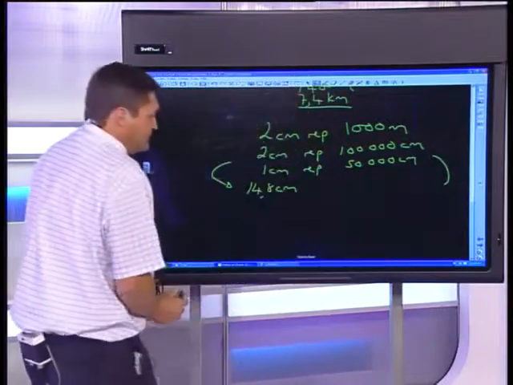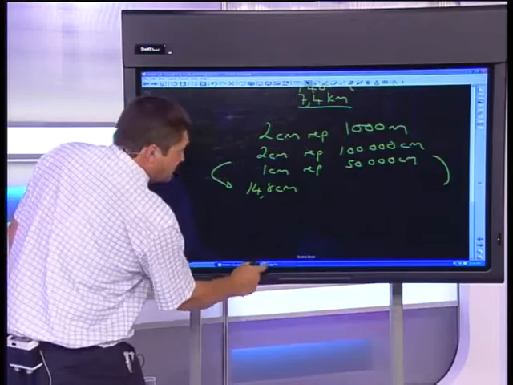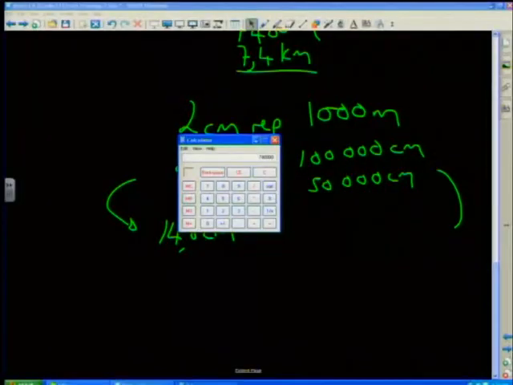Multiply that by 14.8. So we're going to find my calculator, clear all that. We've got 50,000, and we're going to multiply it by 14.8.